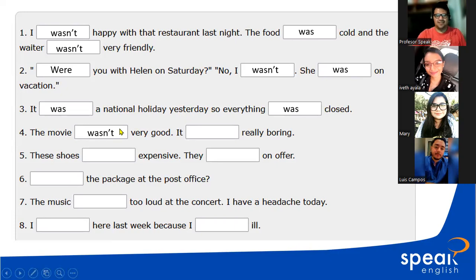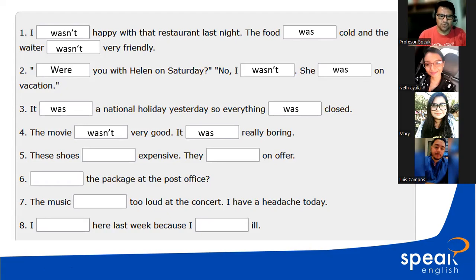The movie wasn't very good. It was really boring. So if it's not good, it is boring. If it's good, we can say it was really exciting. It was amazing. It was really entertaining.